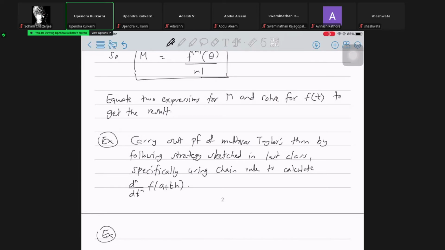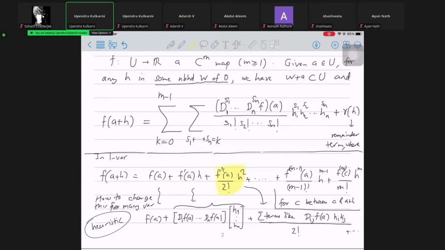And then this F double prime of A will be a square matrix. On the right hand side, I can multiply by a column vector, and on the left hand side, by the row vector corresponding to it, just the transpose of H. We will see this later on in the context of optimization. So this term can also be thought of without resorting to all the blood that you see over here.